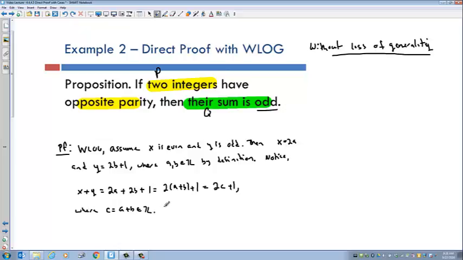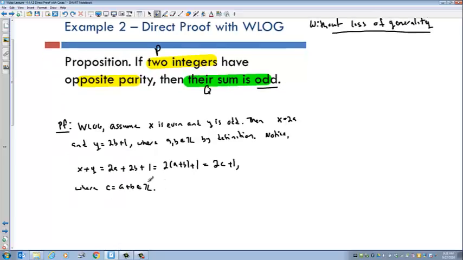Right, and then we can say hence x plus y equal to 2c plus 1 is odd. By definition, and you say by the definition of odd, or you can just say by definition. I really think it's clear what we're referring to here. So by definition. And then let's end with our therefore.